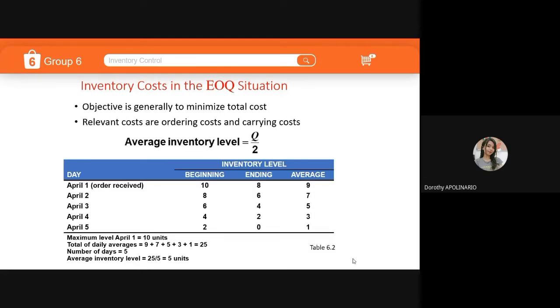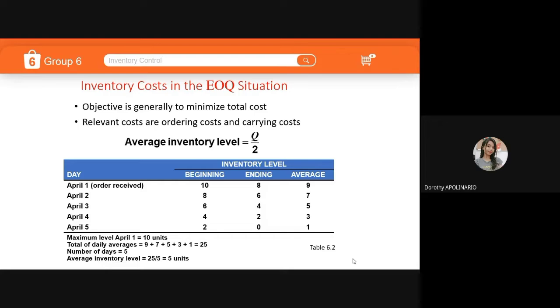So the inventory costs in the EOQ situation. We have here the formula and an example on how to find the average inventory level, which is equal to Q over 2. On April 1, we have a beginning inventory level of 10 and an ending inventory level of 8. In order for us to get the average, we need to add the beginning and the ending and then divide by 2.